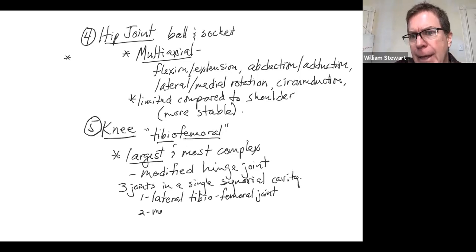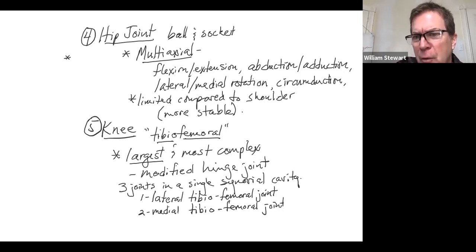So lateral means on the outside of your knee. Medial means the inside part of your knee. And the third component of this large complex joint is the patellofemoral joint.